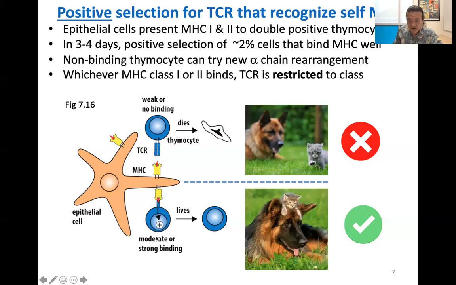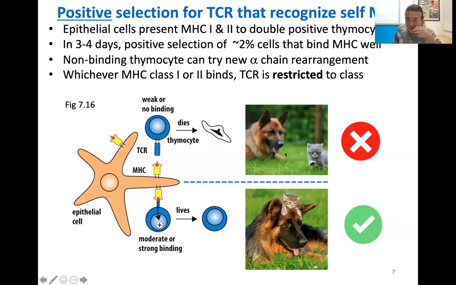So you have moderate or potentially stronger binding. That means this thymocyte will spend more time pressed up against or close to this epithelial cell that's sending out clouds of encouraging cytokines. So this thymocyte will receive survival messages that keep it going through this process.